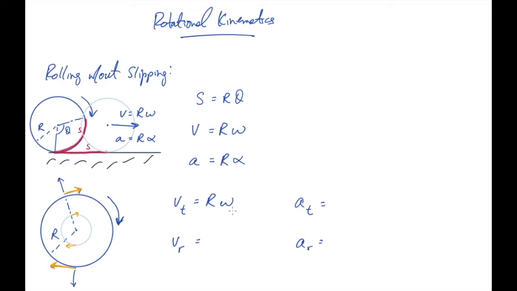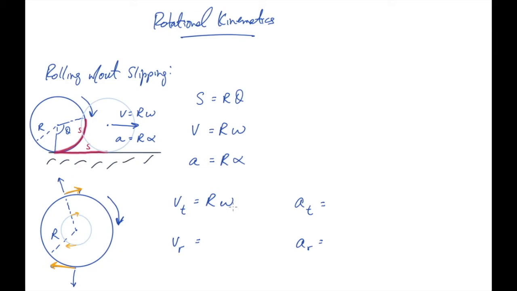All points on this wheel have the same omega. The farther away they are from the axis, the larger distance they trace out per unit time, so the larger magnitude of velocity they have in the tangential direction. The tangential component of velocity has a magnitude that depends on two things: how far it is from the axis and how fast the object is rotating.